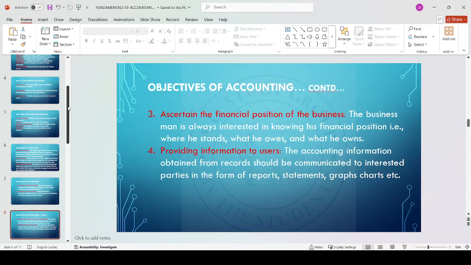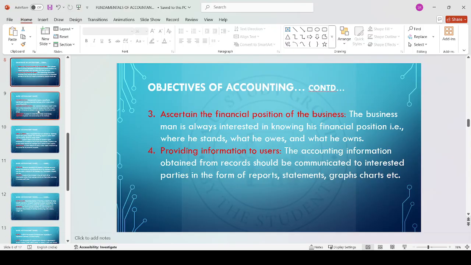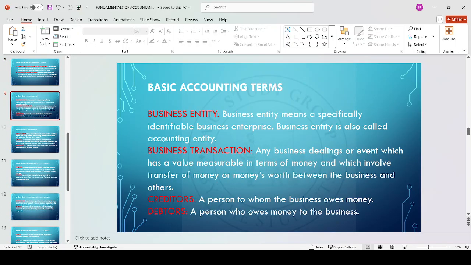Okay, let's go to the next part. Now let's try to understand basic accounting terms. You have now understood what accounting means, why it is used, what the objectives of accountancy are, and who uses it. If you understand these basic accounting terms, it will be easier for you to understand the whole subject of accountancy.